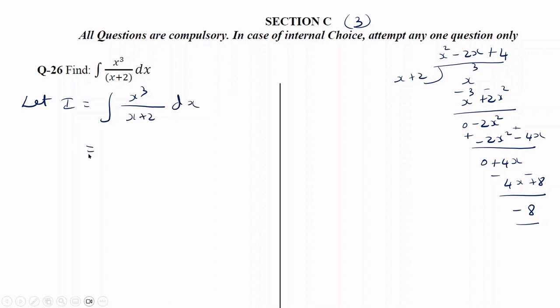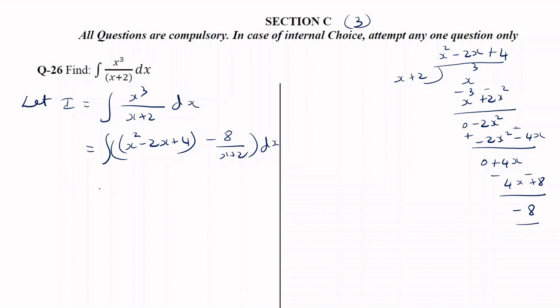So this is equal to quotient plus remainder upon divisor. So this is equal to integral x square minus 2x plus 4 minus 8 upon x plus 2 dx. So this is integral x square dx is x cube by 3.